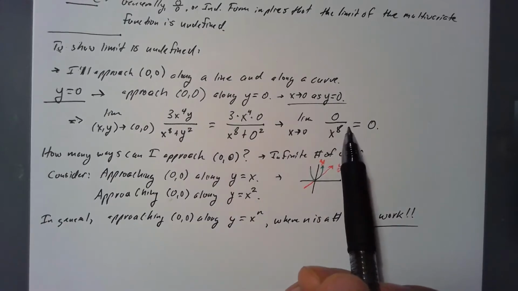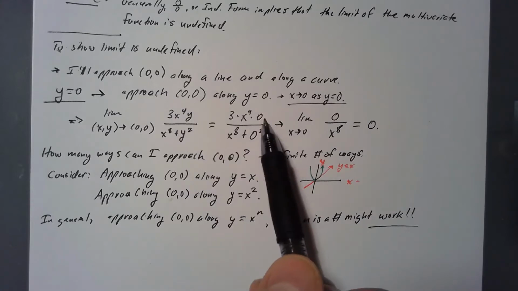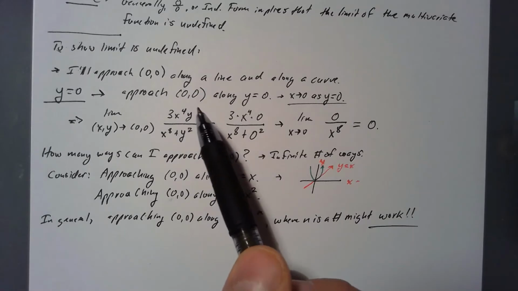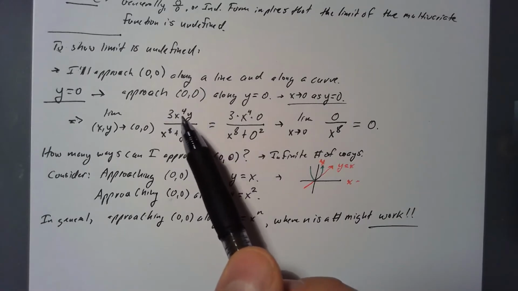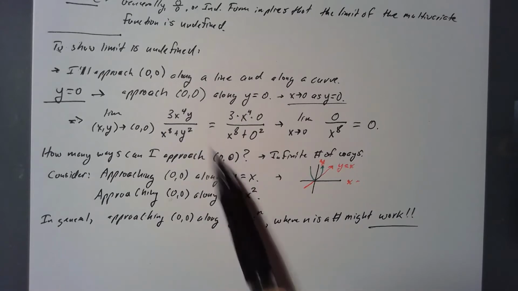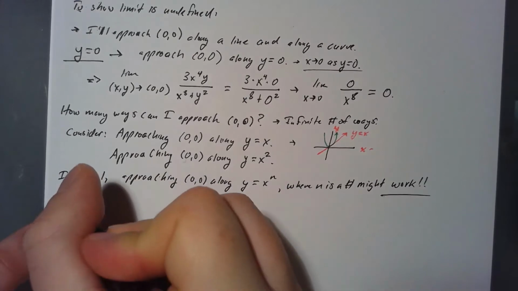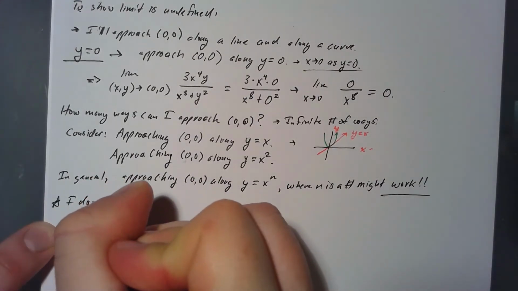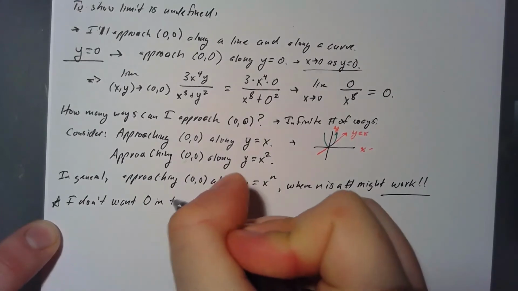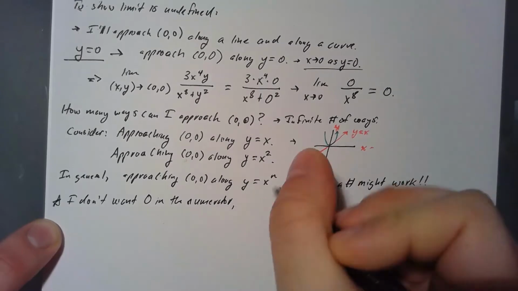Because this was 0, the numerator became 0. So let me try to force the top to not become 0. How can I force the numerator to not become 0?